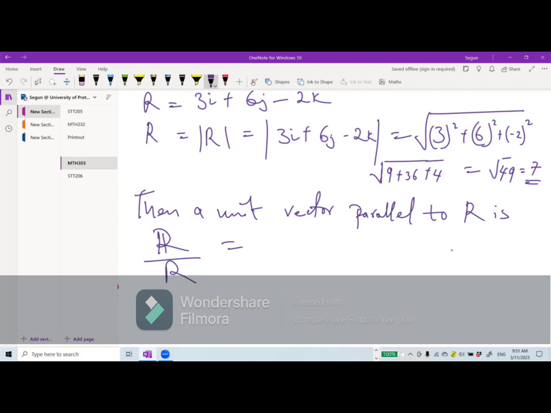We have our R, 3i plus 6j minus 2k, everything divided by 7. So all we need to do in this case is to say 3i divided by 7 plus 6 over 7 j minus 2 over 7 k.